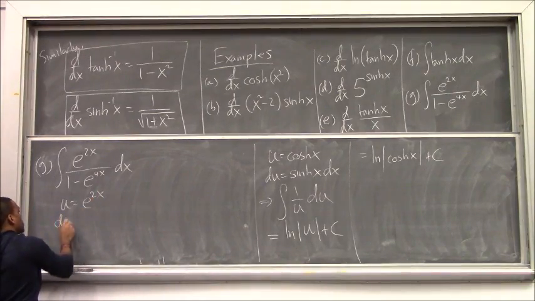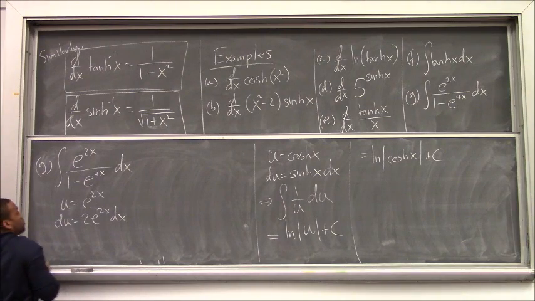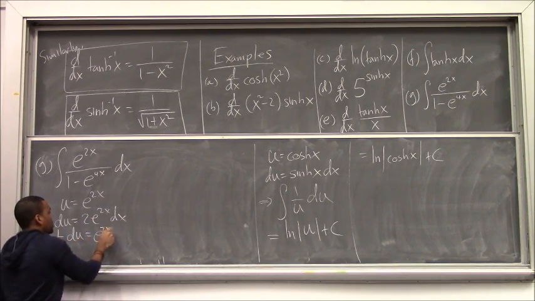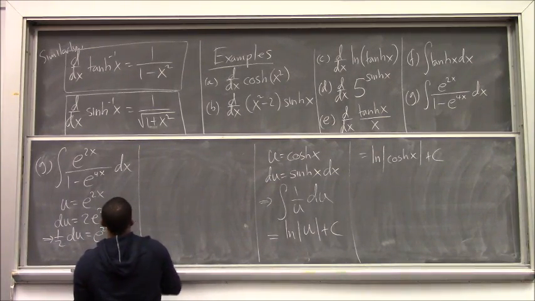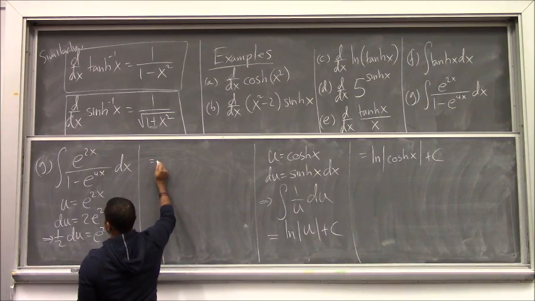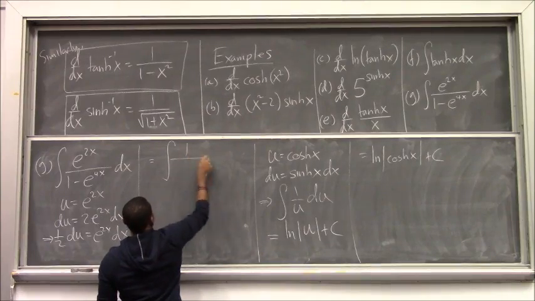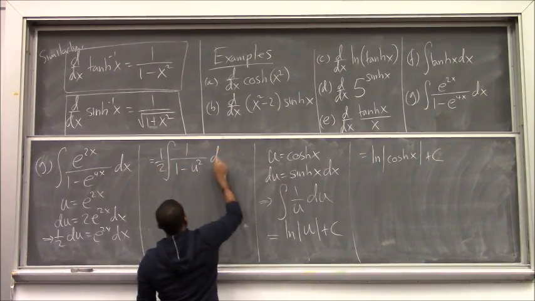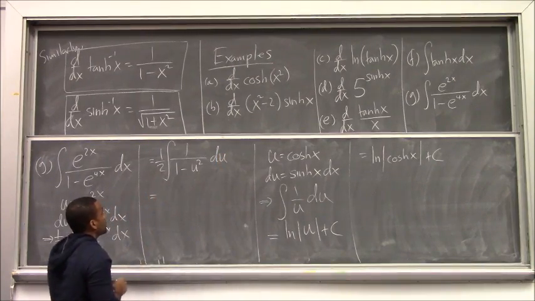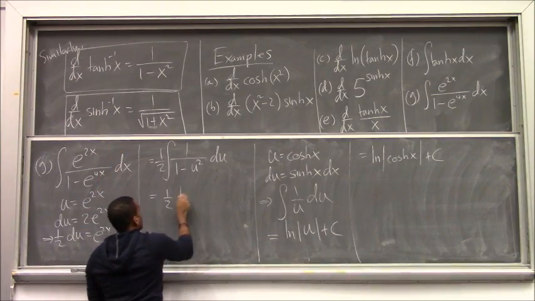Your du would be 2e to the 2x, so you can say 1/2 du is equal to e to the 2x dx. And so this would become what? The integral of 1 over 1 minus u squared, times 1/2 du. What's that? Inverse hyperbolic tangent. Right, it's literally right there. So that's tangent inverse.